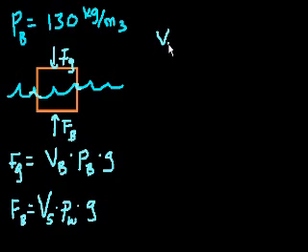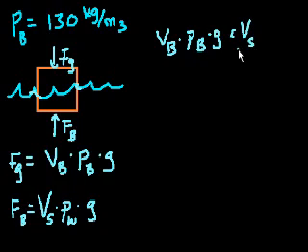So V, the volume of the wood, the entire volume, not just the amount that's submerged, times the density of the wood times gravity must equal the volume of the wood submerged, which is equal to the volume of the water displaced, times the density of water times gravity.